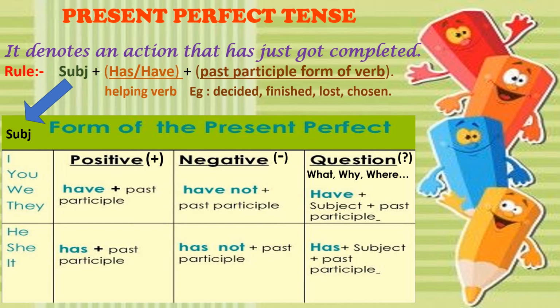Finish is added with the suffix ed. Lost is where the letter T is added instead of LOSE, and choose becomes chosen. And here you can see how the positive, negative and the interrogative questions undergo the changes as per the pronouns.